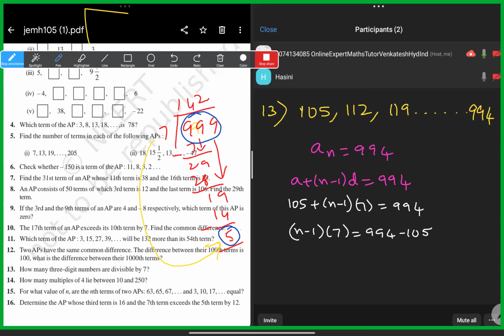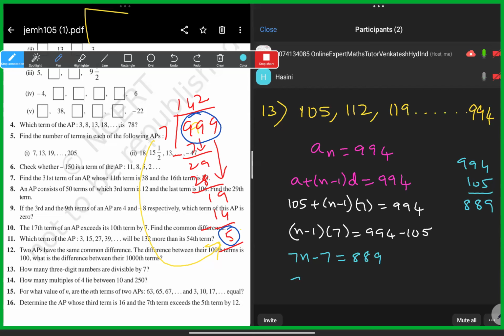Any doubt? Now n minus 1 into 7, I am doing distribution: 7n minus 7. 994 minus 105 is 889.